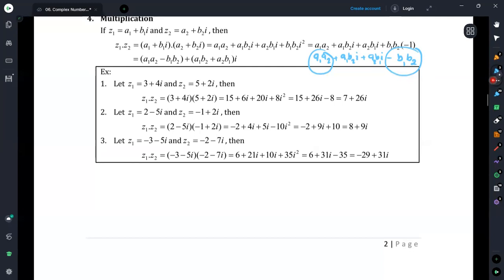Therefore, we can write a1 times a2 minus b1 times b2, and it would be the real part of the final answer. And then a1 times b2 plus a2 times b1 times i. Here, what we have done was take i out, and inside the bracket the real values are mentioned, and thereafter multiplied with the term i.